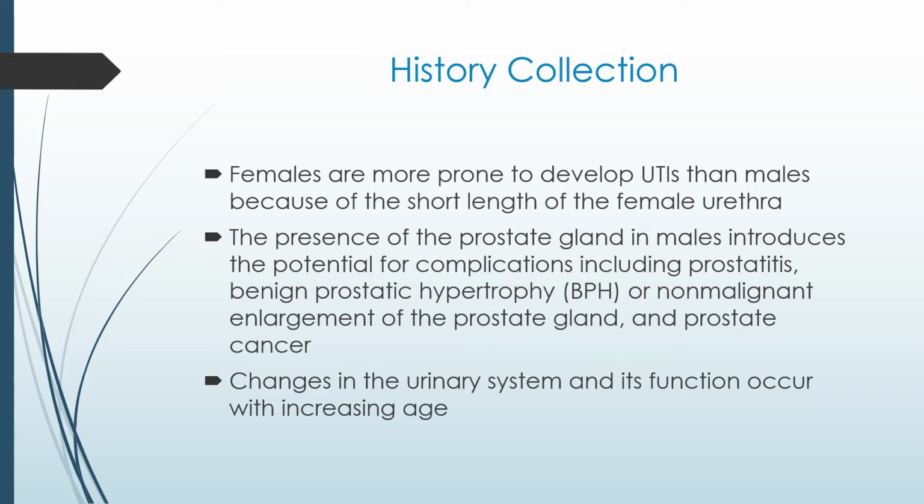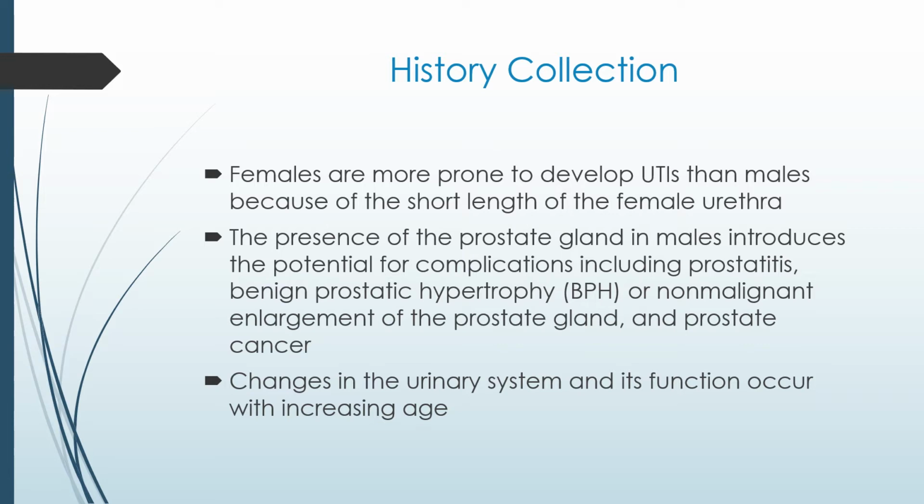The presence of the prostate gland in males will introduce the potential for complications including prostatitis, benign prostatic hypertrophy, that BPH, non-malignant enlargement of the prostate gland. This is when the prostate just becomes enlarged due to the normal aging process, and then prostate cancer.